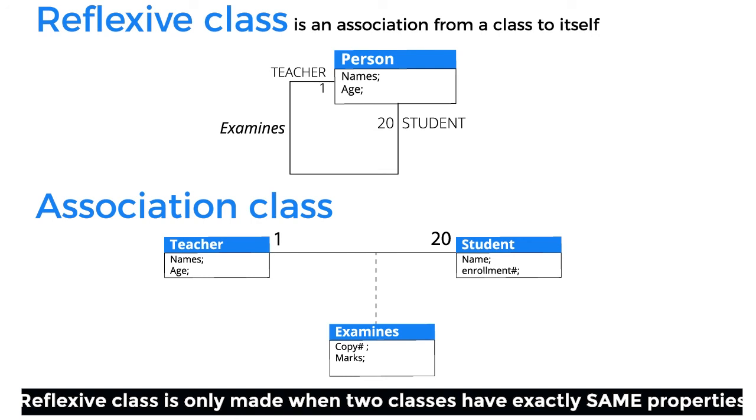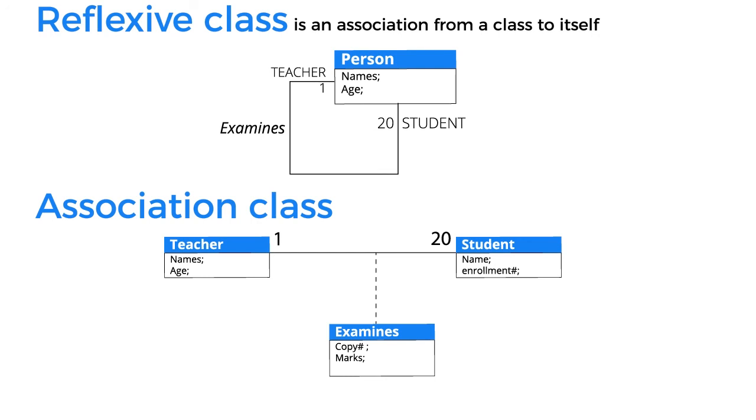Now a good question may arise: when should we use which type of diagram, either association, reflexive or the normal class diagram? It all depends on your requirements. If you need to show a simple association between two classes, like a teacher teaches a student and they have different properties, you will show a simple class diagram.